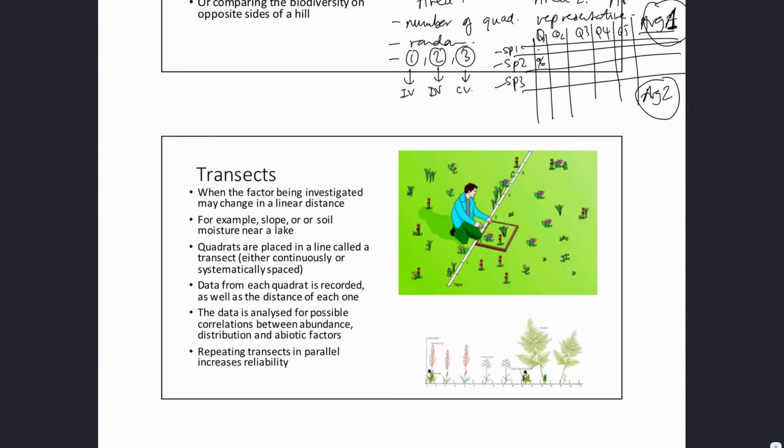The other way you could set out your investigation is by a simple linear pattern of quadrats.